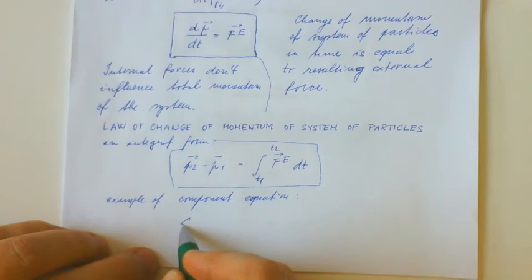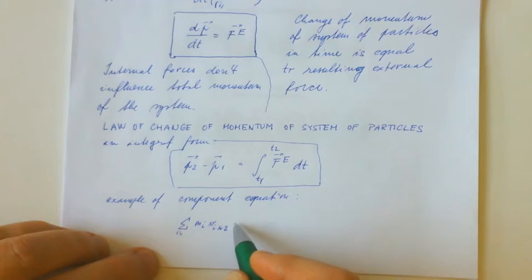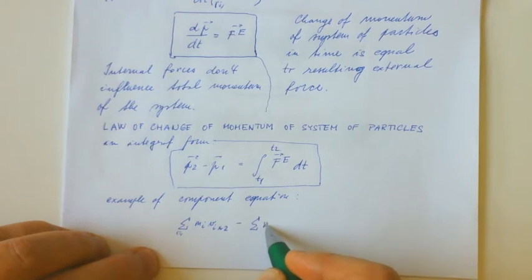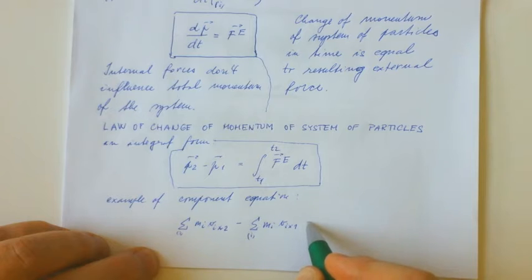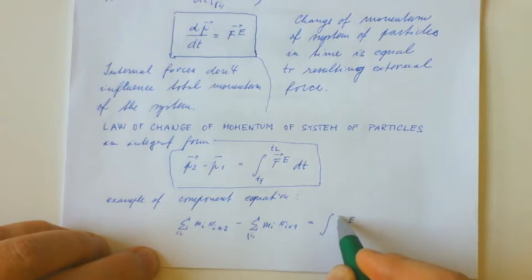This is the sum of mi vi, as a component x for example, at state 2 over i, minus the sum of mi vi x at state 1 over i, is equal to the integral of external force in time between time 1 and time 2.